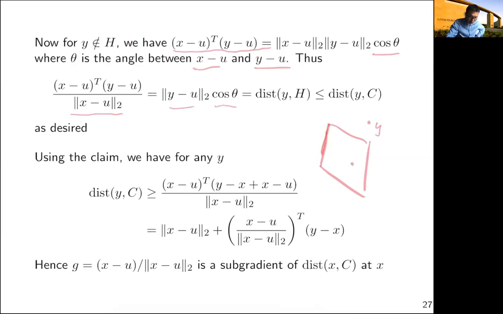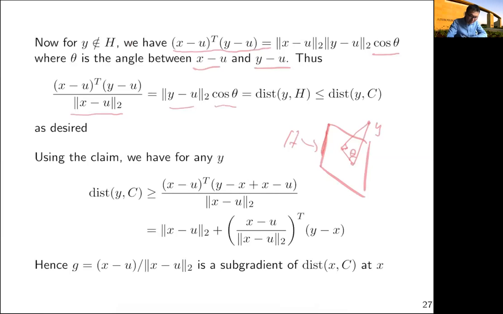So y minus u multiplied with the cosine of theta actually gives us the projection of y onto this half space H.